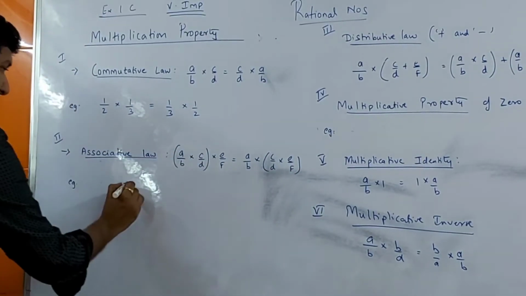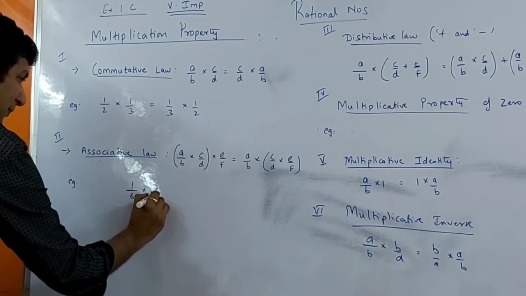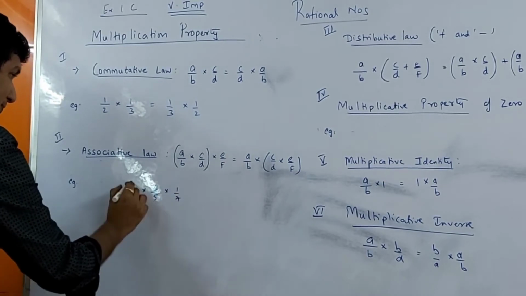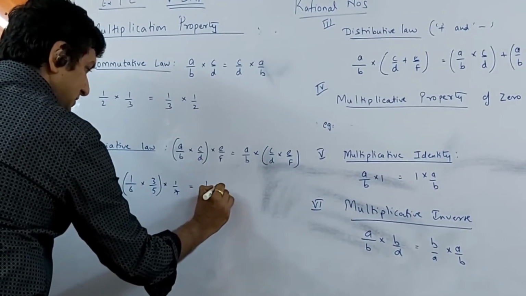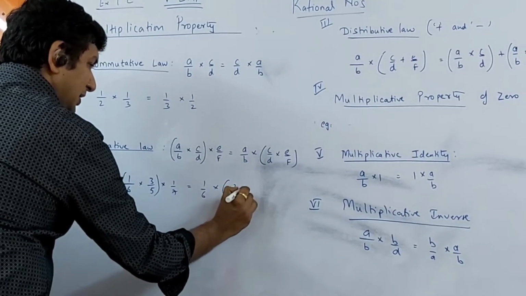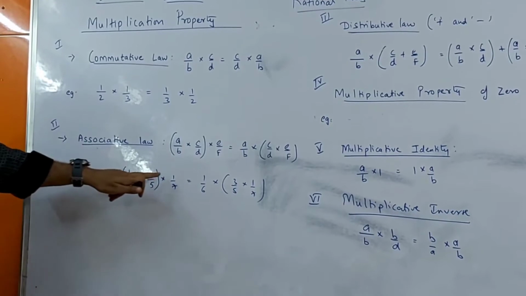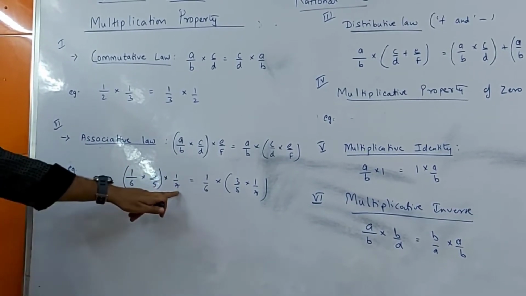We can check: 1 upon 6 into 3 upon 5 into 1 upon 7 will be equal to 1 upon 6 into 3 upon 5 into 1 upon 7. So here 1 into 3 into 1 is 3, 6 into 5 is 30 and 30 into 7 is 210.